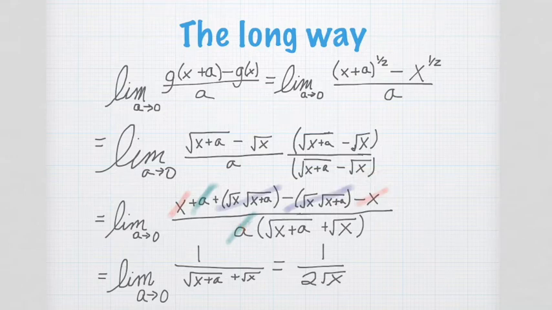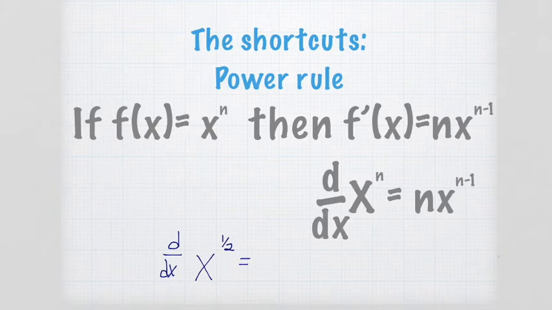You end up with 1 over the square root of x plus a plus the square root of x. When you add in that limit, as a approaches 0, you end up with 1 over 2 square root of x. There's a shortcut, okay?